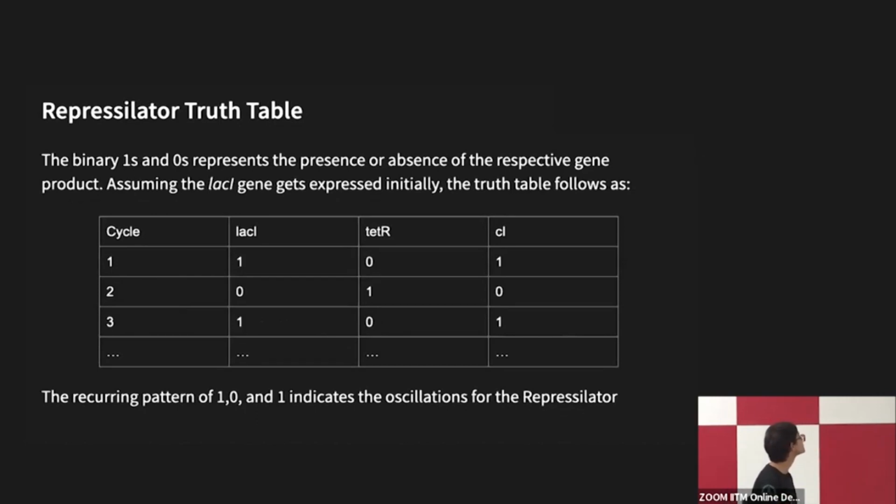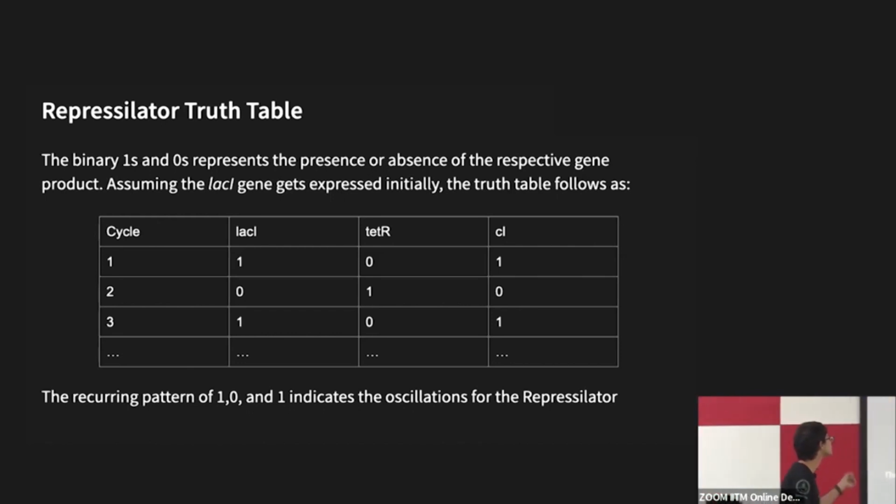Okay, so coming to this, I've made a little truth table which explains how, and why, the oscillations actually happen. Here, the binary ones represent the presence of the repressor protein. Let's say the LacI gene is expressed initially. So this is how the system goes: the LacI protein is produced, which in turn represses the expression of the TetR protein.